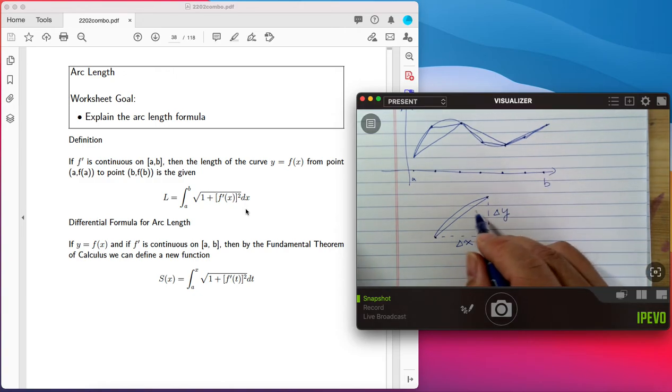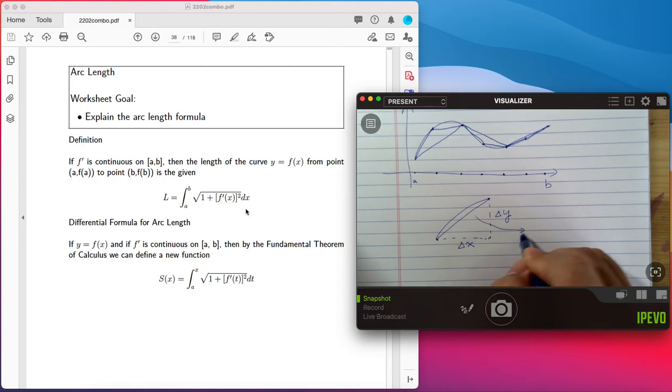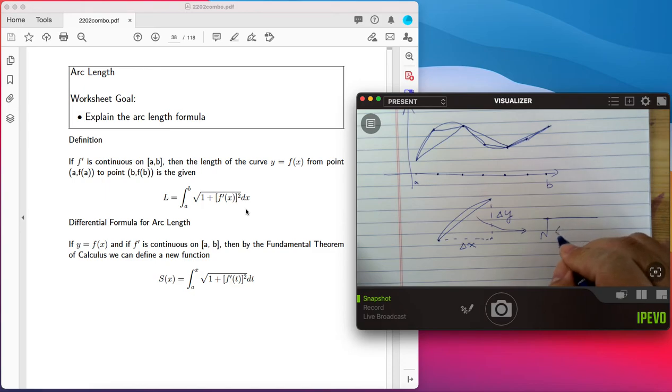Based on the Pythagorean theorem, the length of this piece is the square root of delta x squared plus delta y squared. If I factor delta x outside, I'm going to have the square root of 1 plus (delta y over delta x) squared, times delta x.